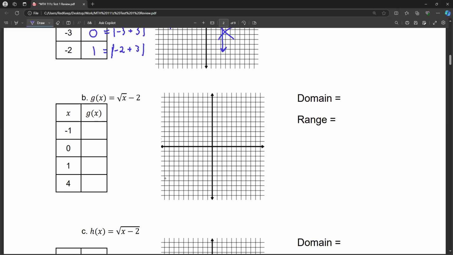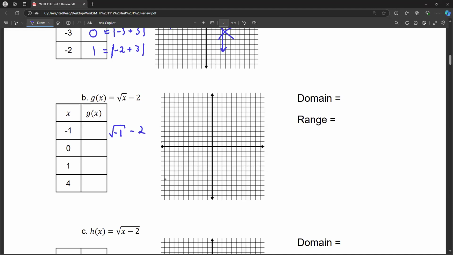So here, let's go ahead and plug in -1 into our function to begin. And so we plug in -1 wherever there's an x in our function. So we'd be plugging in -1 underneath the square root.